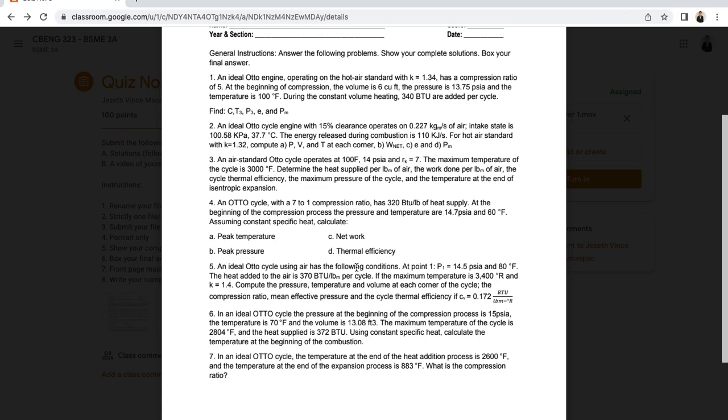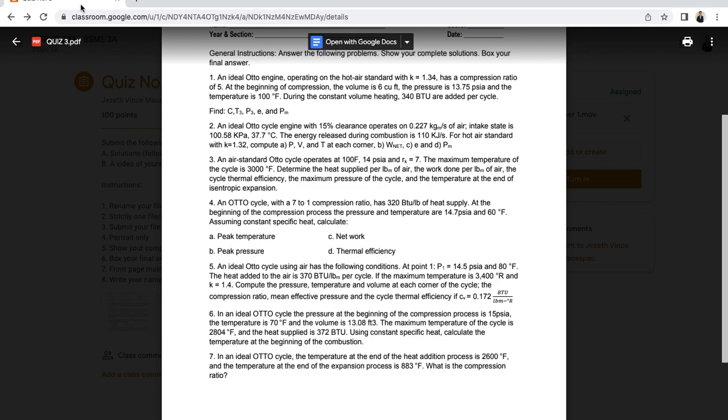So, what they are asking to find here is P2, V1, V2, T2, P3, T3, V3, P4, T4, V4, W net, e, and MEP.